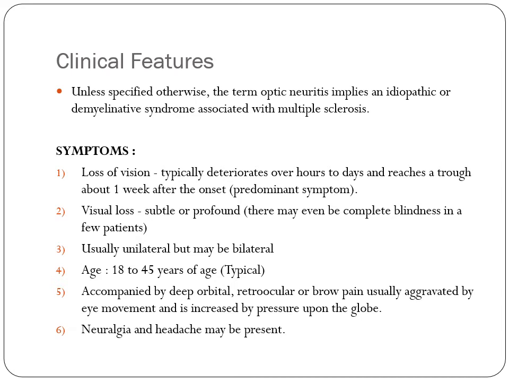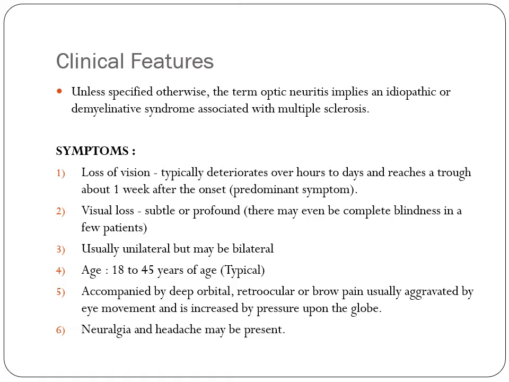Now clinical features. Unless specified otherwise, the term optic neuritis implies idiopathic or demyelinating. Idiopathic is synonymous with demyelinating syndrome. What are the symptoms? Loss of vision. Typically it deteriorates over hours to days and reaches a trough about 1 week after the onset. So the patient's presentation is painful, sudden monocular vision loss.